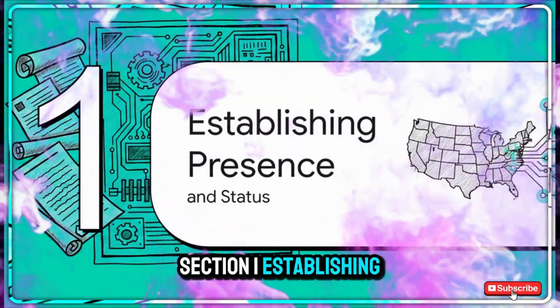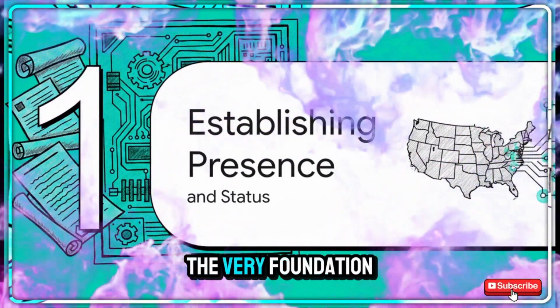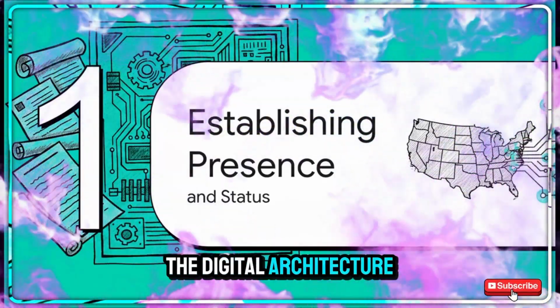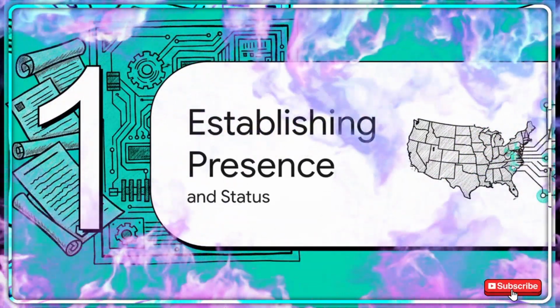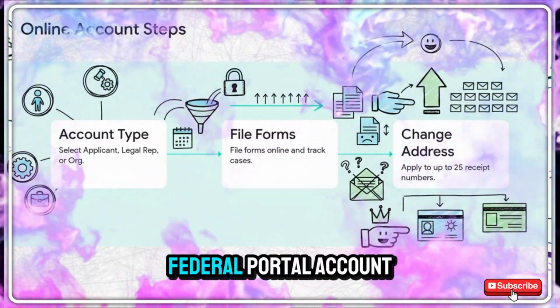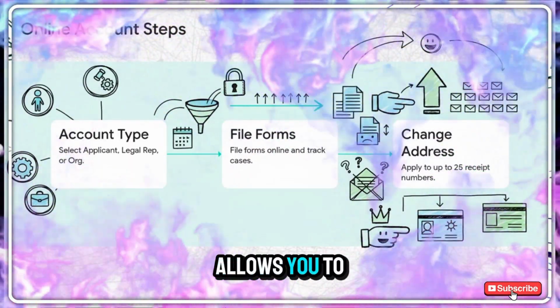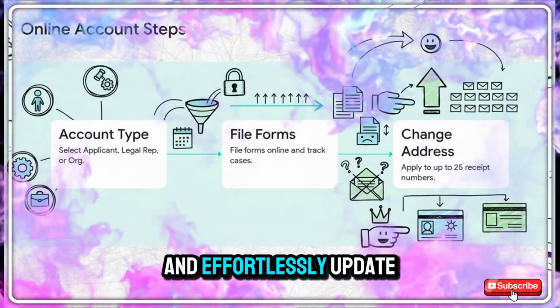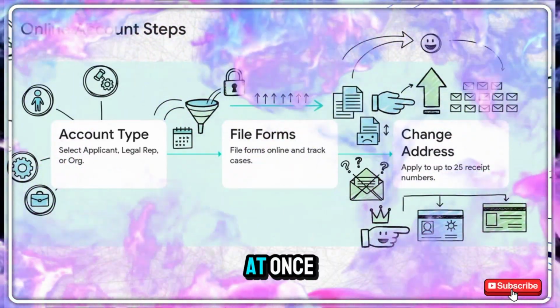Section 1. Establishing presence and status. This is where we look at the very foundation, the digital architecture used to legally secure your place in the system. Setting up your online federal portal account is really that first crucial step. It allows you to manage your status and effortlessly update your address across up to 25 pending cases at once.